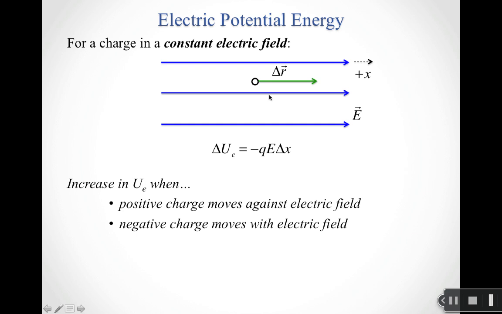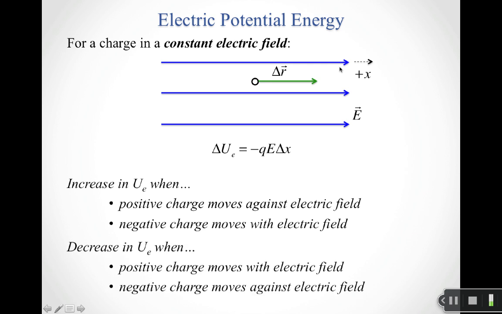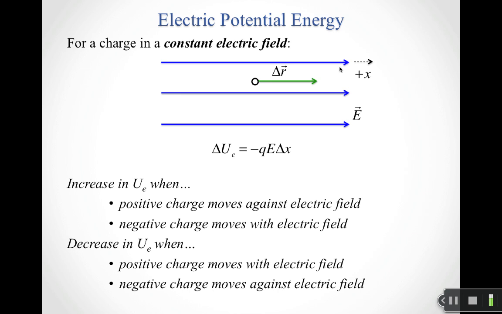What this means is that you increase the electric potential energy when a positive charge moves against the electric field. So if this was a positive charge and it moved to the left against the electric field, I would be increasing its potential energy. Or if it's a negative charge and moves with the electric field, that's also going to increase the electric potential energy. You decrease the electric potential energy when you do just the opposite.